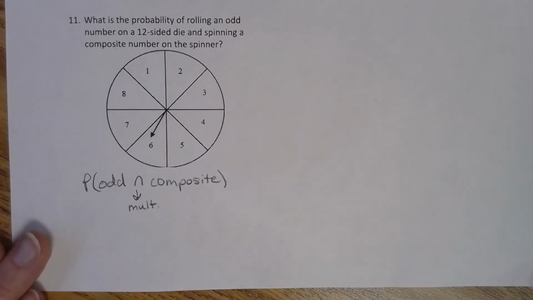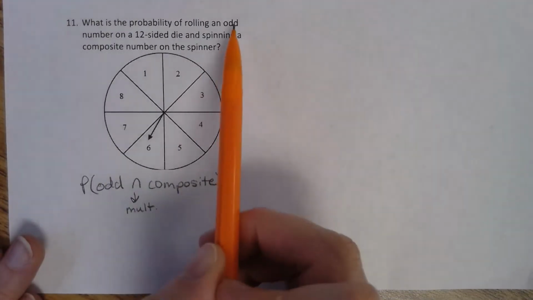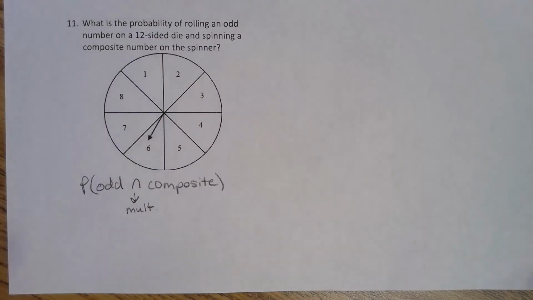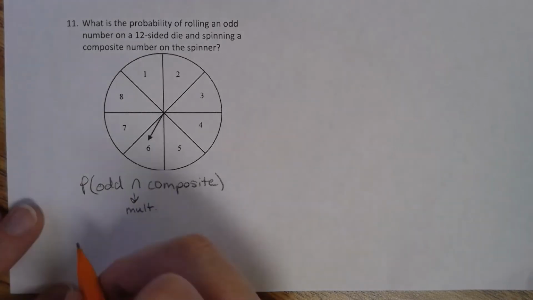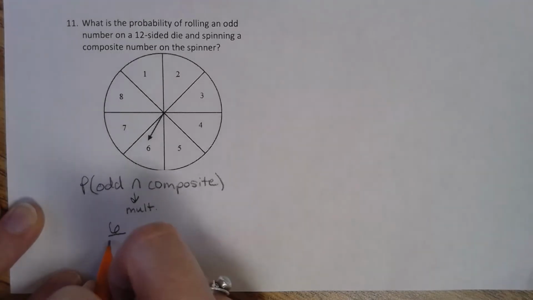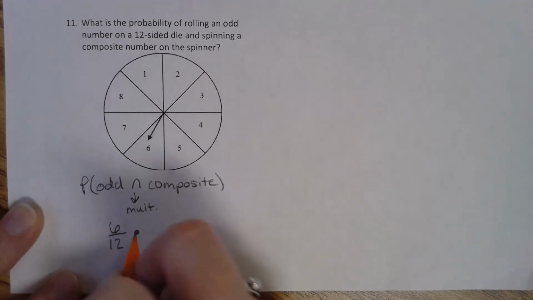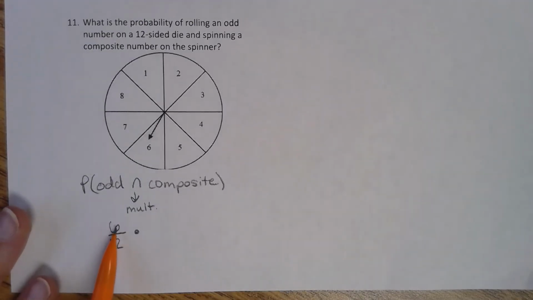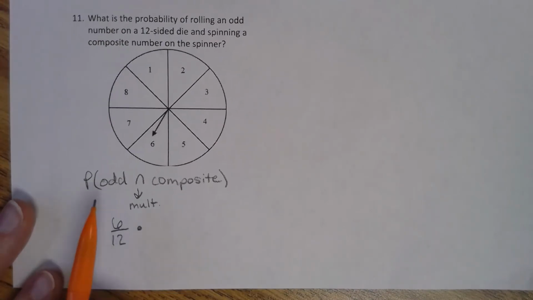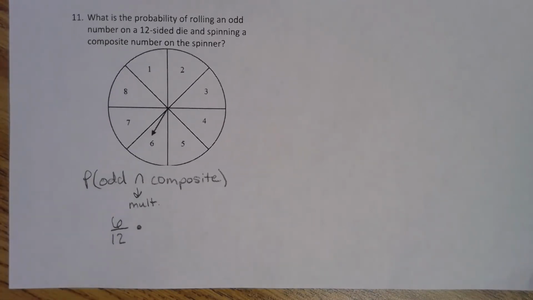So let's set up our fractions. Our odd numbers. So on a 12-sided die, the odd numbers are 1, 3, 5, 7, 9, 11. It's half of the die. So 6 out of 12, or you could even just use 1/2. There's 6 odd numbers out of the total 12 on that die.